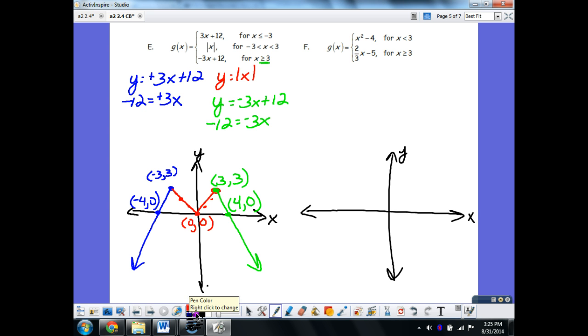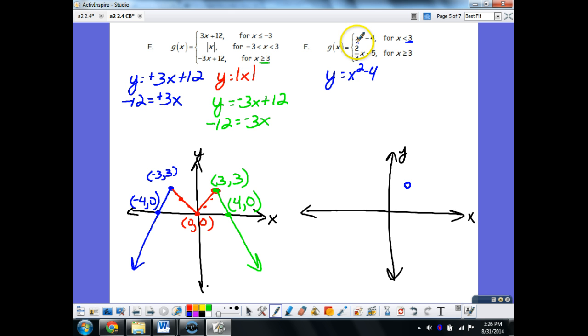First one, we'll graph y equals x squared minus 4 and just plug in some values, see if we can get some sort of shape for this. If we plug 3 in for x, we've got 9, because 3 squared is 9. 9 minus 4 is 5, so that's where it starts. So over here at 3, we're up at 5. And again, that's going to be an open circle. And then we'll move to the left.